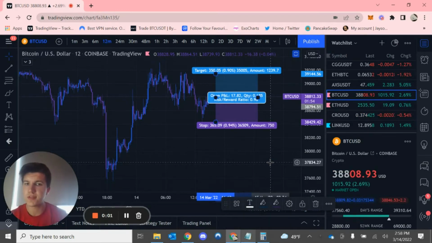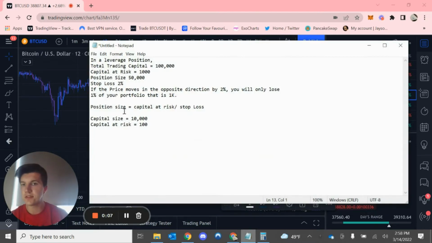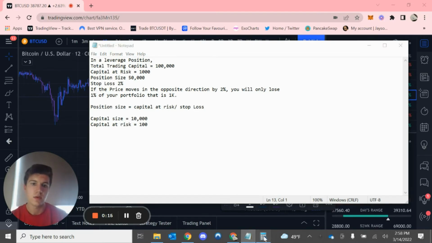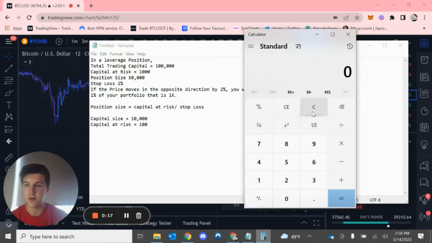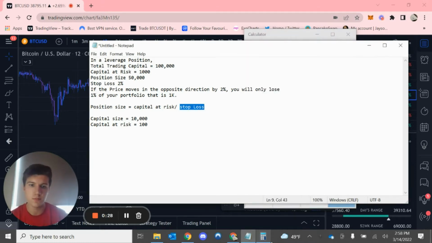With this stop loss percentage in mind, we can calculate our position size. Our position size is equal to the capital at risk, so our $100, divided by our stop loss as a decimal. In order to convert that 0.94%, you divide by 100 just to get a simple decimal. So this will be your denominator.